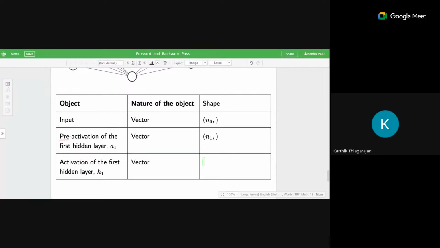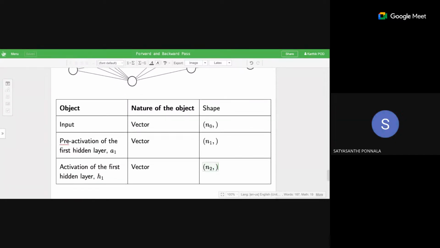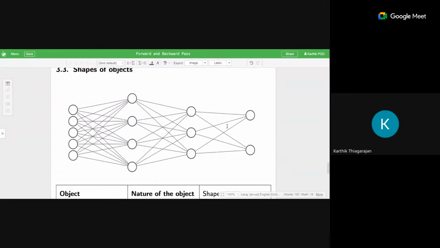Is the shape going to be N2? The sizes of A1 and H1 are both the same, right? Correct. So both are N1.